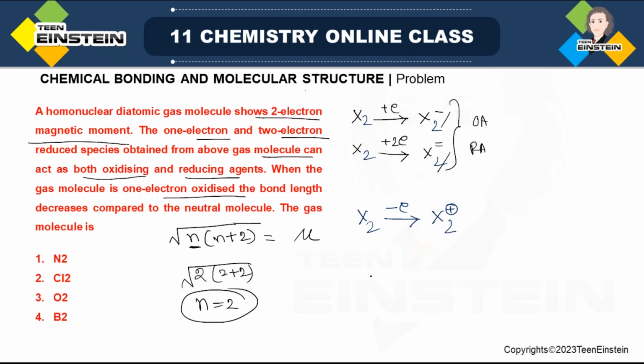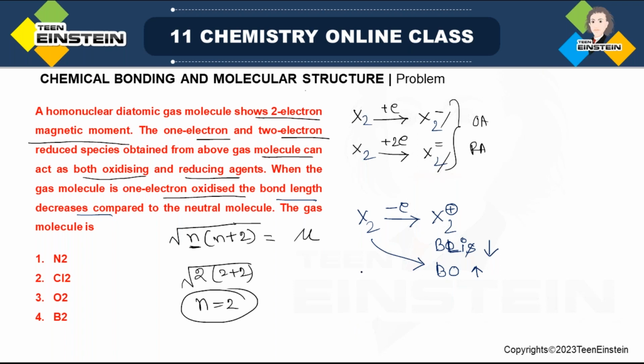So this species, the 1-electron oxidized species, now the bond length is decreased compared to the neutral species. So in this case, bond length is decreased. That means bond order should increase compared to X2.